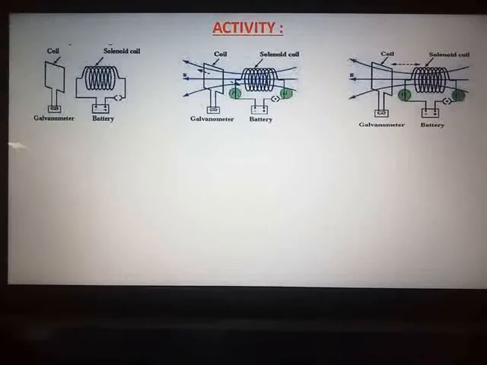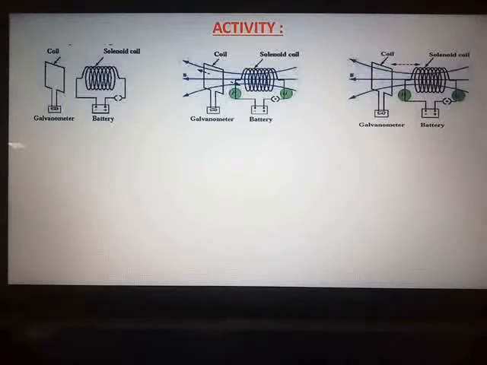On page number 57, you can see in the first figure, here you can see a galvanometer, here you can see a solenoid coil. So first case, when the current in the solenoid coil is switched on or off, what happens? First you have to complete the circuit as shown here in this first figure. Now what will you observe?